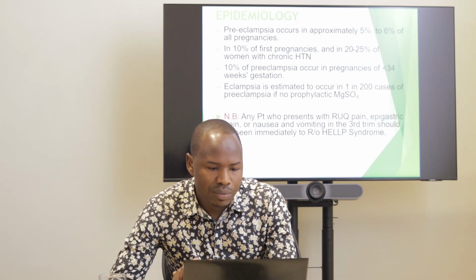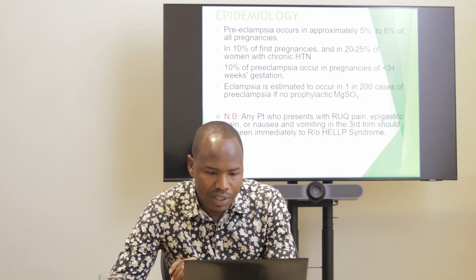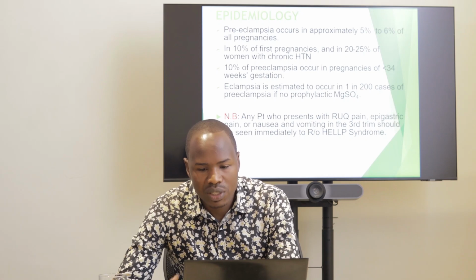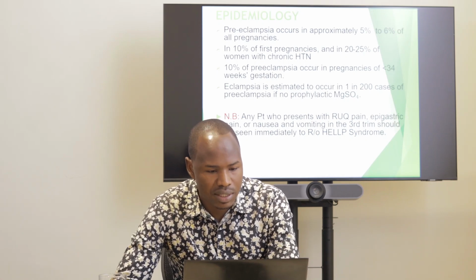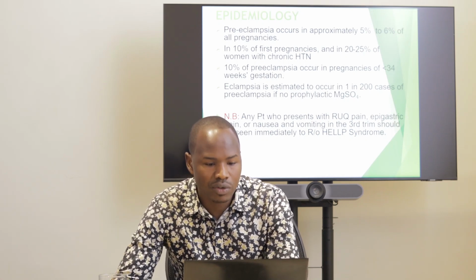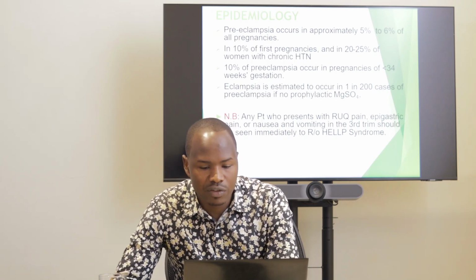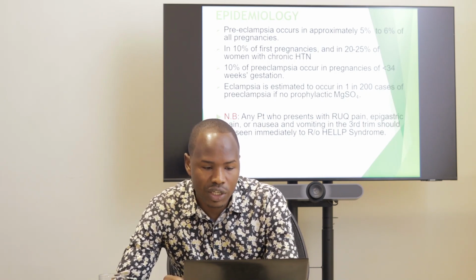Going through the epidemiology of preeclampsia, it occurs in approximately 5 to 6% of all pregnancies, but in 10% of first pregnancies and in 20 to 25% of women with chronic hypertension.